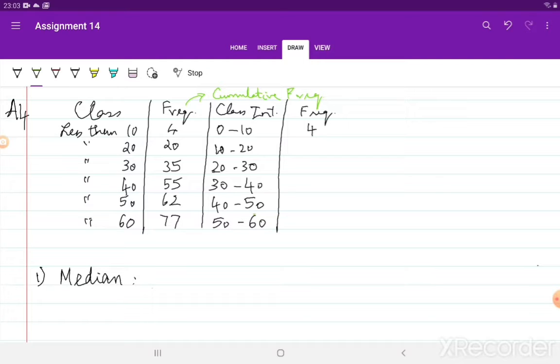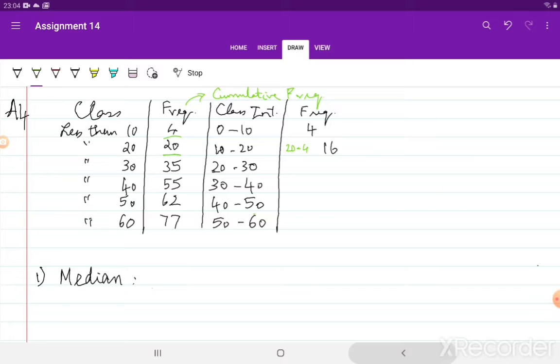And to get the number of observations between 10 to 20, all you need to do is, we know that there are 20 observations less than 20, and we also know that 4 of these are less than 10. So to get the number of observations between 10 to 20, just do 20 minus 4, which is 16.